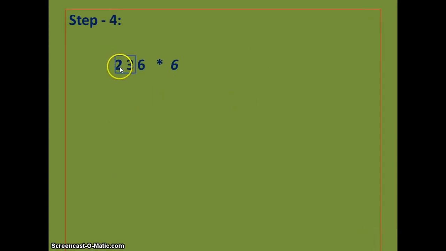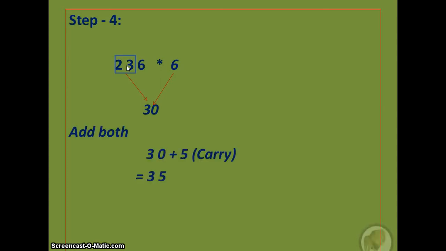Now again we are adding the two digits, the last one and the previous one. This is 5. The sum is 30. Adding the carry 5 of the previous step gives 35. Now we write 5 here: 6, 7, 5. 3 is in carry.